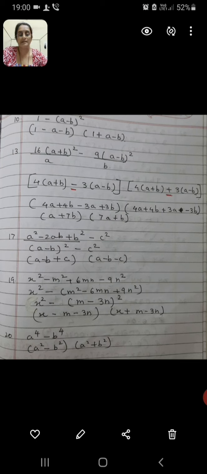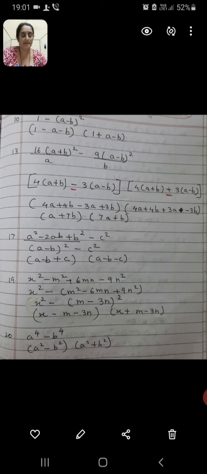Fine. Next, 16 in the bracket (a plus b) the whole bracket square minus 9 in the bracket (a minus b) square. So first term we are going to consider as A, second term we are going to consider as B. So 16's root is 4(a plus b) minus 3(a minus b), and then we have to take it as plus now.